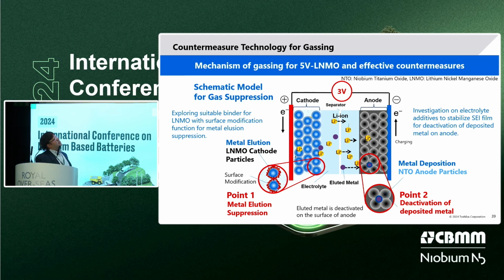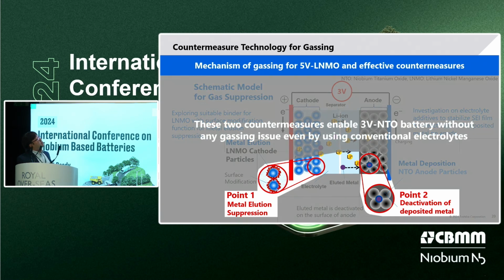And we also investigated electrolyte additives to stabilize the SEI film for the deactivation of the deposited metal on the anode. So these two countermeasures enable a 3-volt NTO battery without any gassing issue, even by using a conventional electrolyte. So I will show you the result from the next slide.